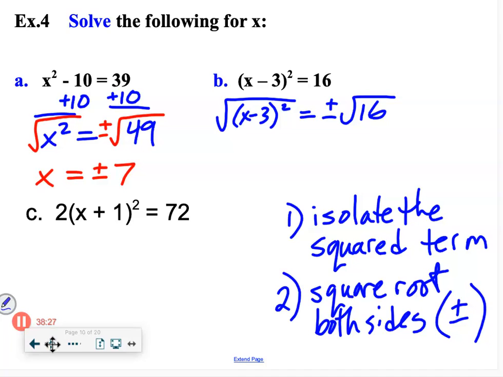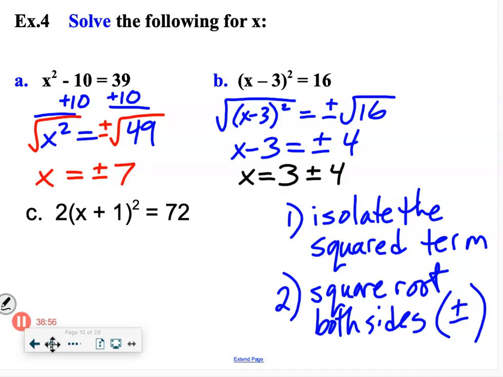All right, what's the square root of x minus 3 squared? x minus 3. What's the square root of 16? 4. Now, stay with me. When I add 3 to both sides to solve for x, you can put it over here. I personally would suggest you put it in front of the plus or minus, and I'll show you why.